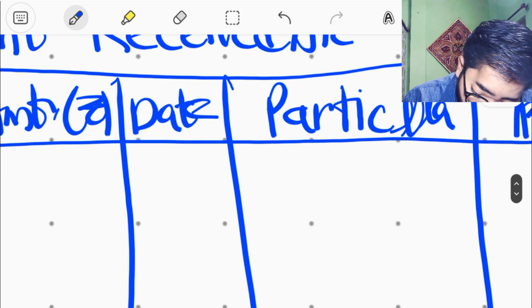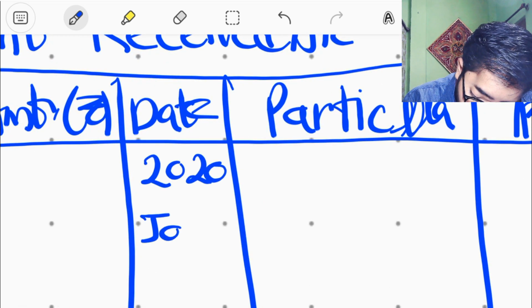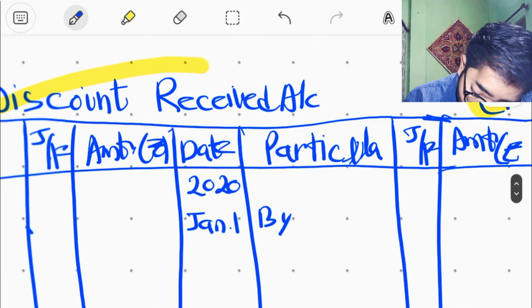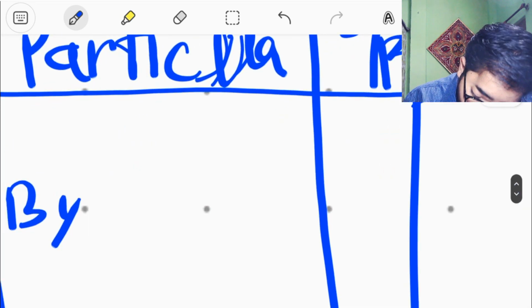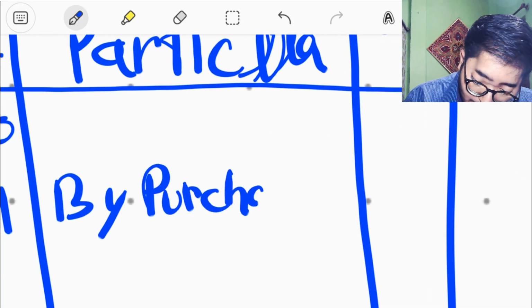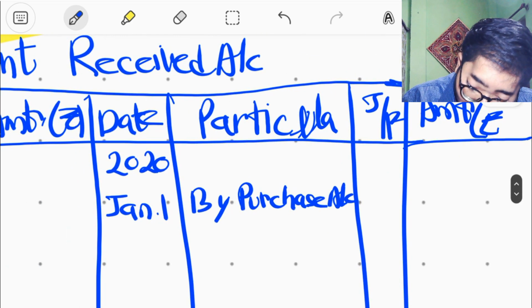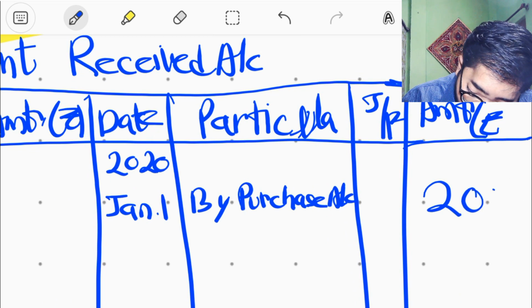The date of the transaction 2020 January 1 by purchase account. And how much amount? 200.